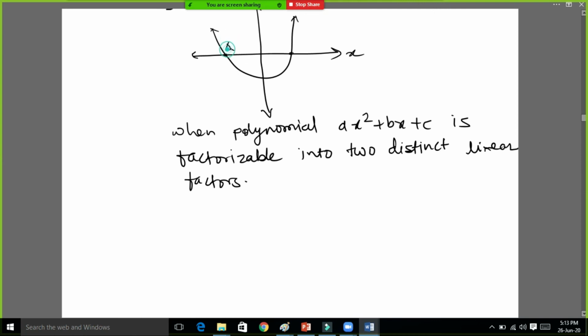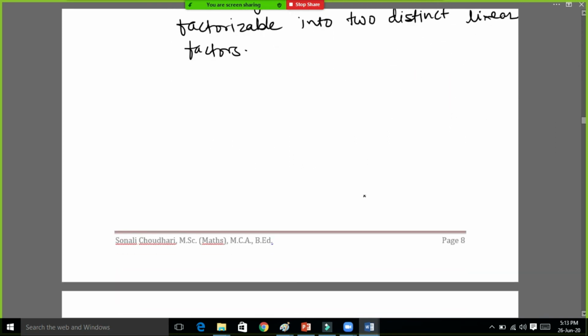Suppose I call this point A and another point A dash. It is also possible that this parabola opens downward. So whether the parabola opens upward or downward depends upon whether A is greater than 0 or A is less than 0. So this is the first case.